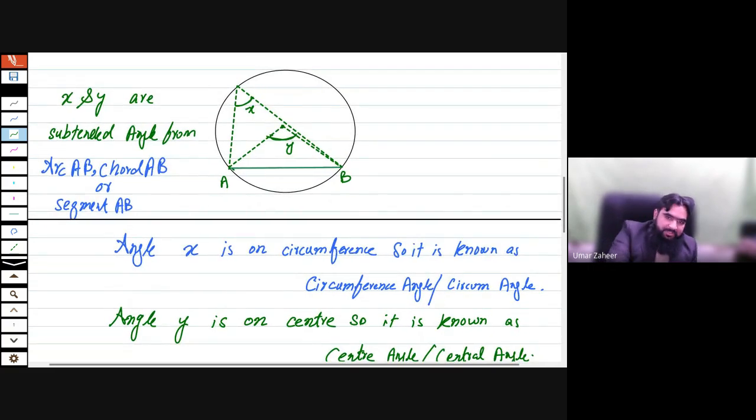So both are subtended angles, but one is on the circumference and one is on the center. We have to use this terminology a lot of times.